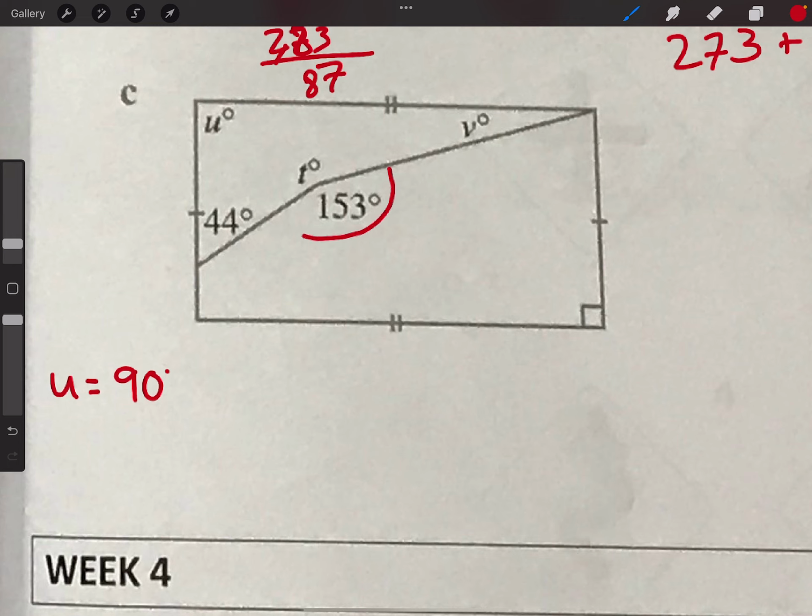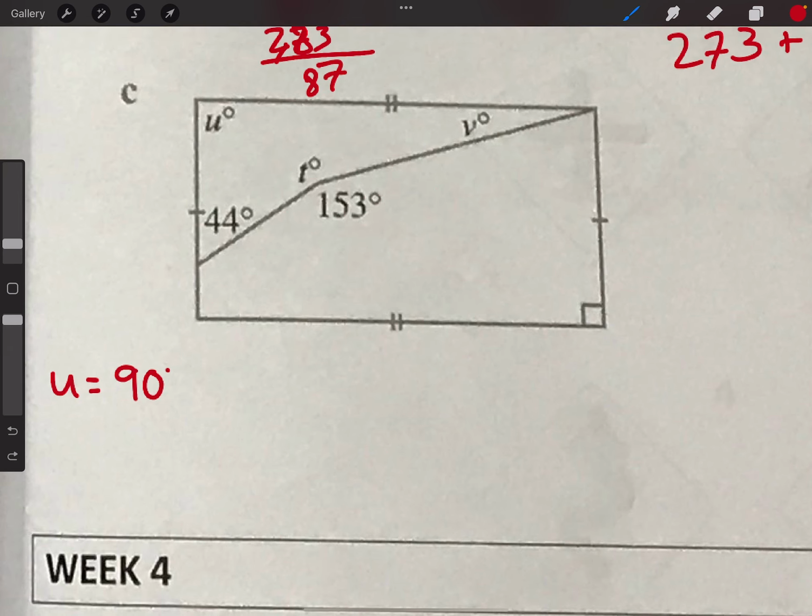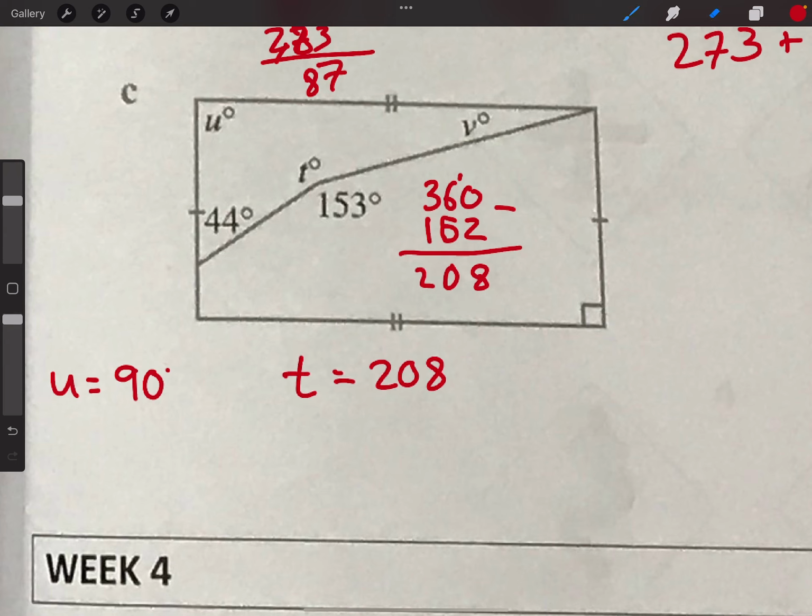We have 153 plus this angle T. These two angles add up to make a full revolution, which is 360 degrees. So we do 360 take away that 153 to find out what the angle T is. This will be an 8, this will be a 6, a 0, and then this will be a 2. So that means T is equal to 208 degrees.